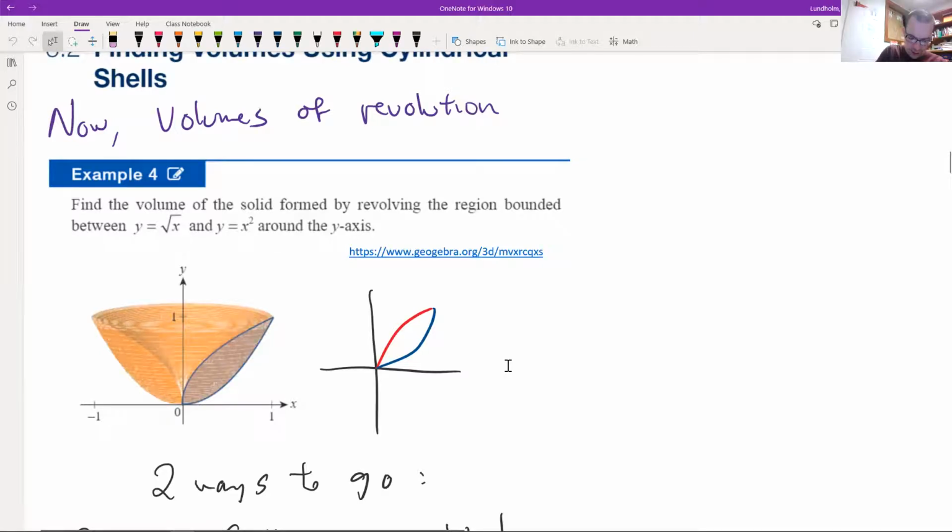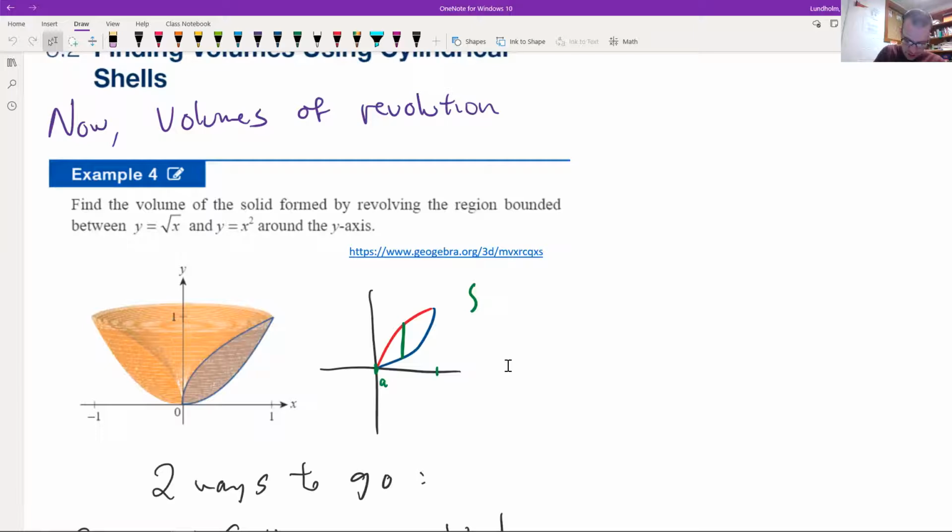If we were going to do this with dx, we would be orienting the rectangles in our Riemann sum this way, and we would be integrating from some starting x value to some ending x value.